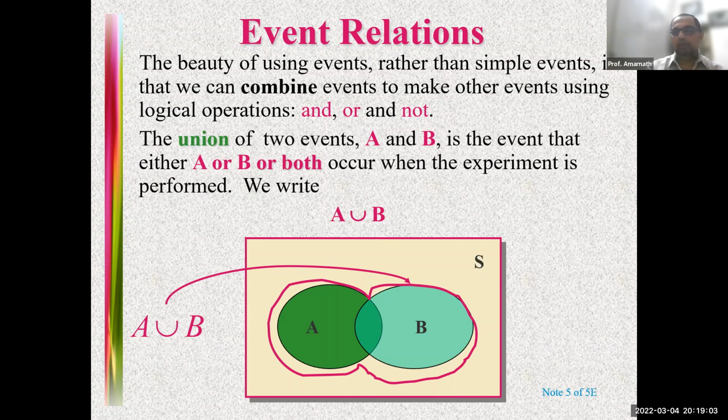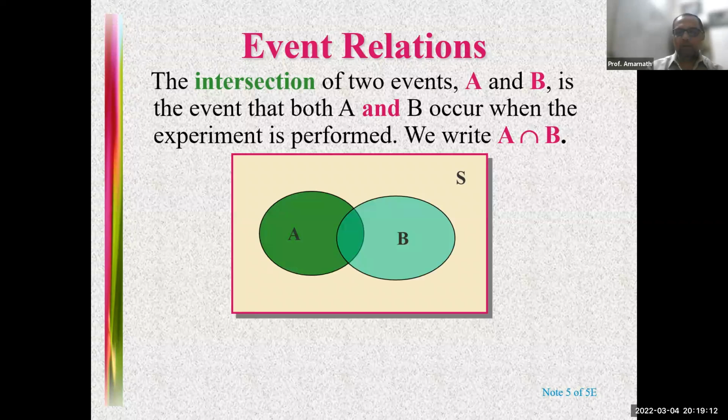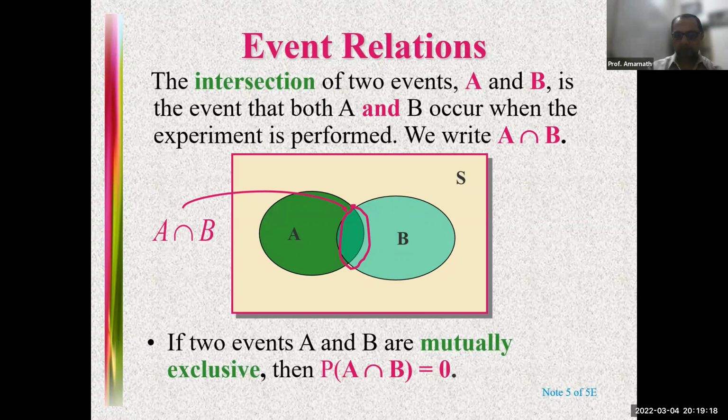A intersection B, or the Venn diagram, if you remember, that's the intersection. Same thing here. So if 2 events A and B are mutually exclusive, then the probability of A intersection B is 0. I mean to say nothing will fall under that intersection logically.